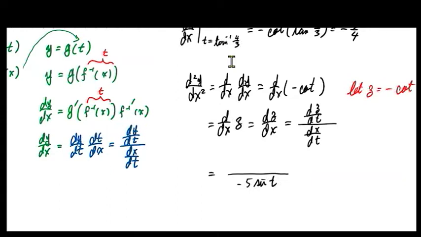You should at least know what it is. It's negative cosecant squared, so it becomes positive cosecant squared t. Therefore, the whole thing becomes negative 1/5 cosecant cubed t. How are we doing?